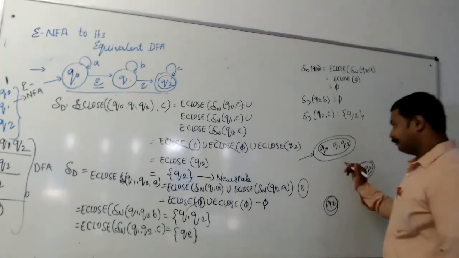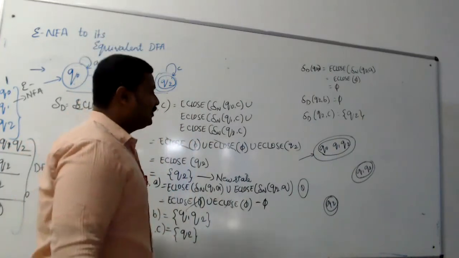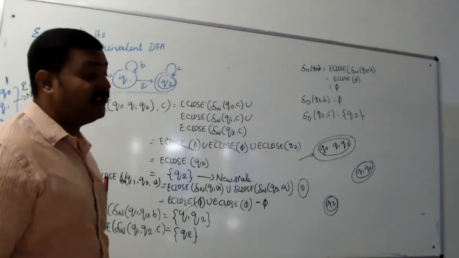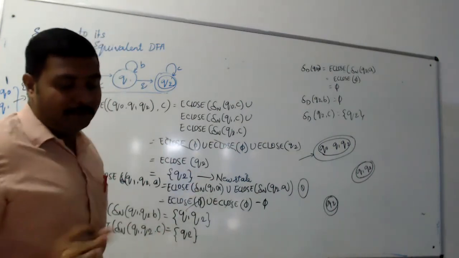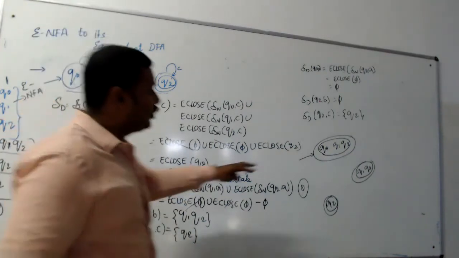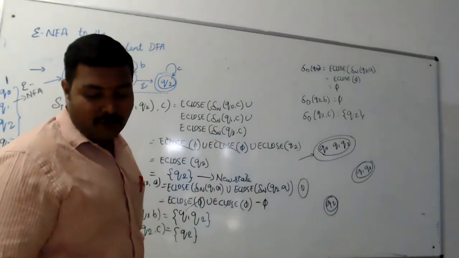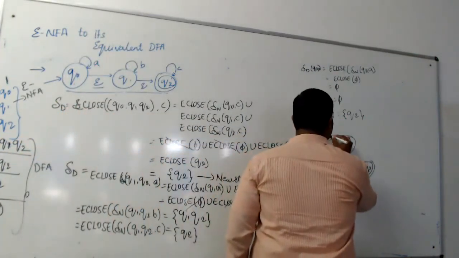Now I need to have a transition diagram, for all the alphabets. So take A, B, C. In the previous page, we calculated Q0, Q1, Q2 on A. I got Q1, Q2, Q2 also.